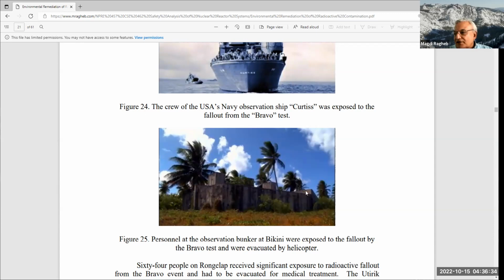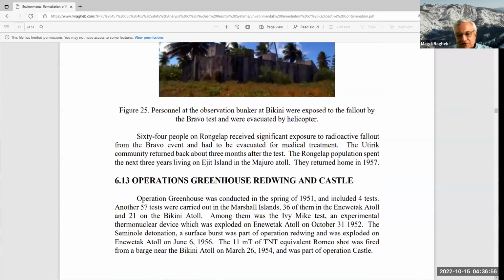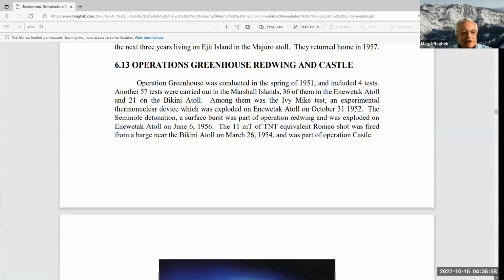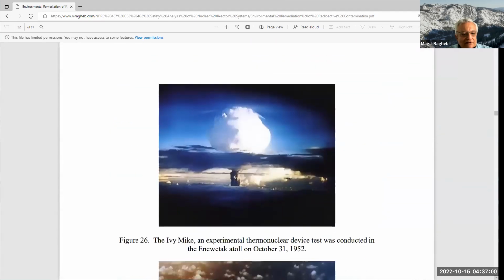They also had to be relocated through helicopters, and they simply used blankets and bedspread sheets over their heads to prevent themselves from being exposed to the radiation. The crew of the Curtis ship was also exposed to radiation. These were evacuated using helicopters. So these are some of the accidents where contamination happened very seriously.